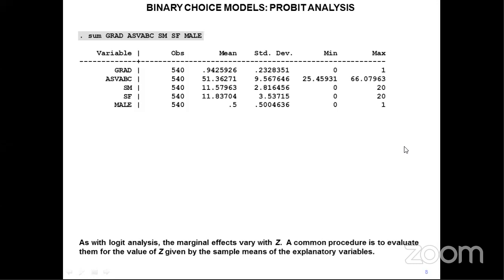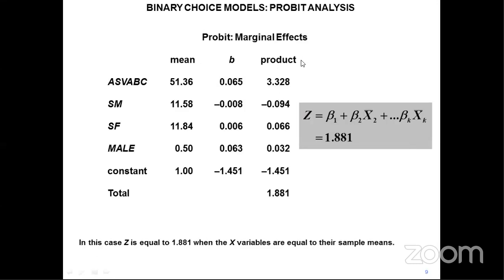Then these are the mean values of the variables. These are the coefficients which we estimated earlier, and the product of these two is given here, and the total of this product is 1.821. So in this case, it is equivalent to 1.1 when the x variables are equal to their sample means.